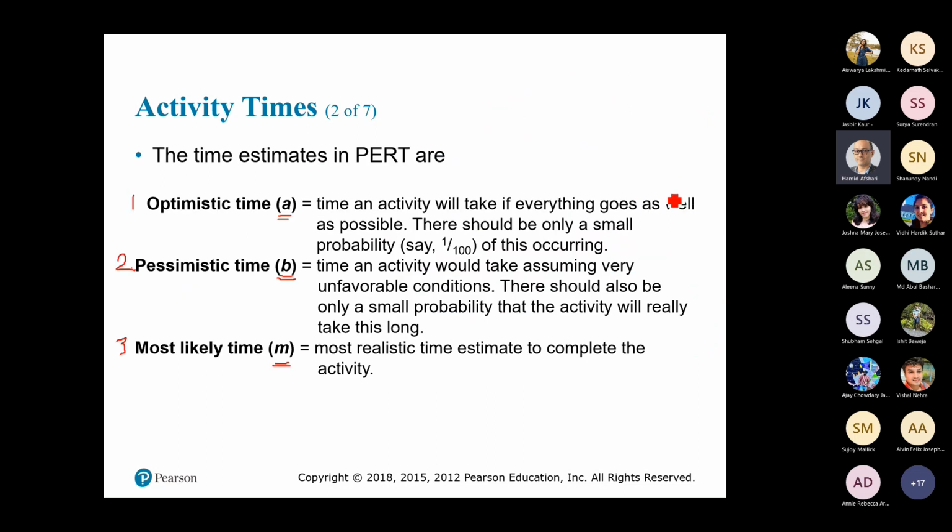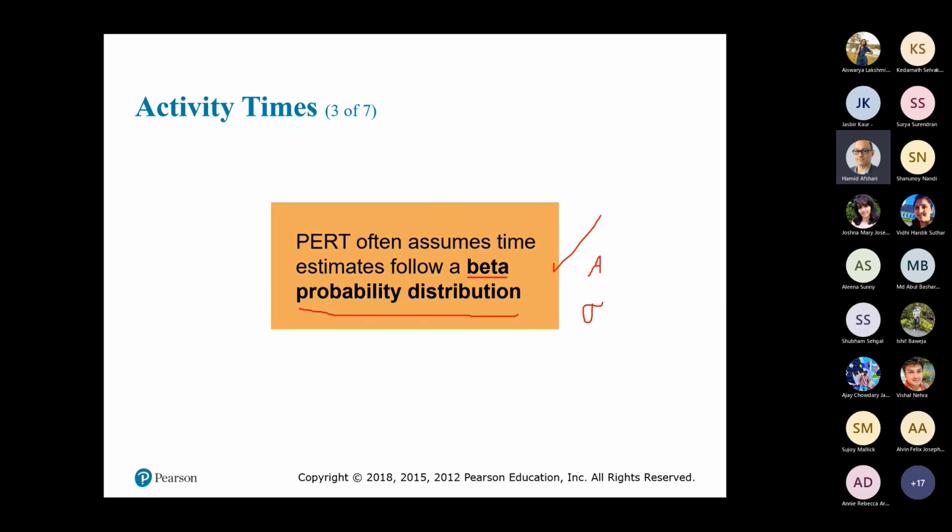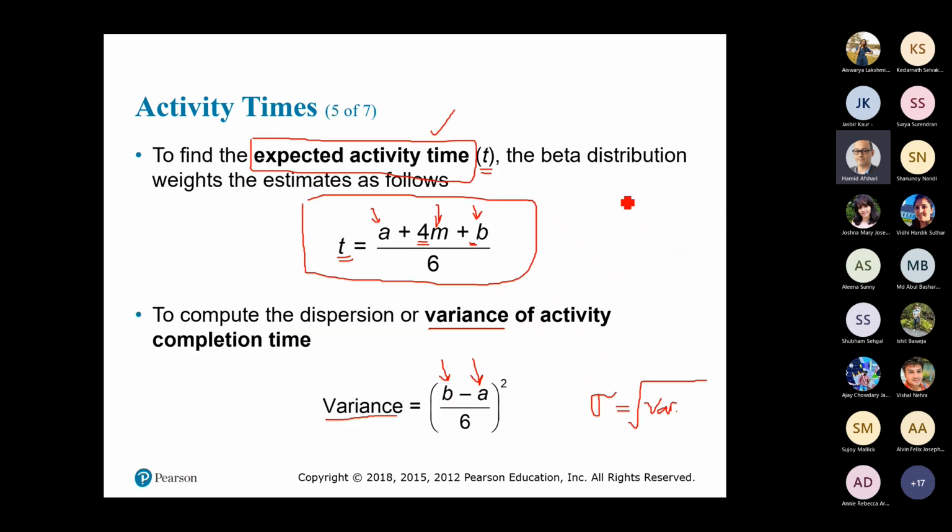So because we know that it follows beta distribution, I'm going to use the formula for calculating expected value or average in beta distribution.